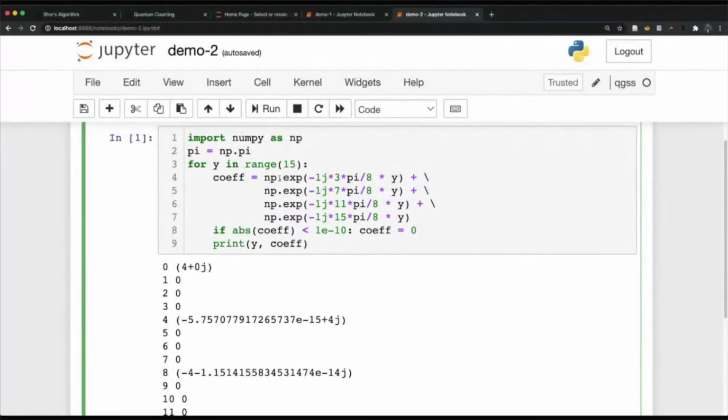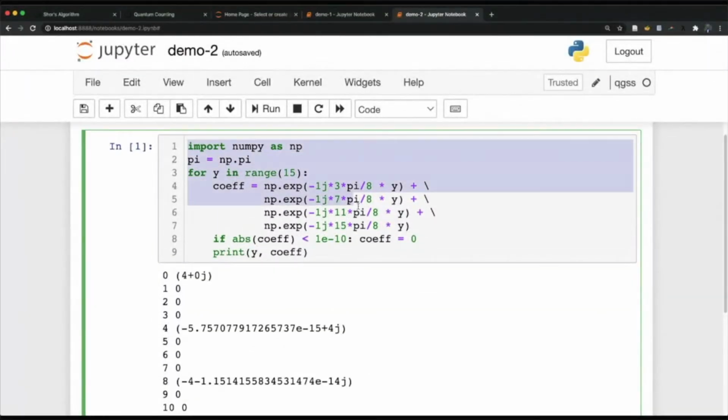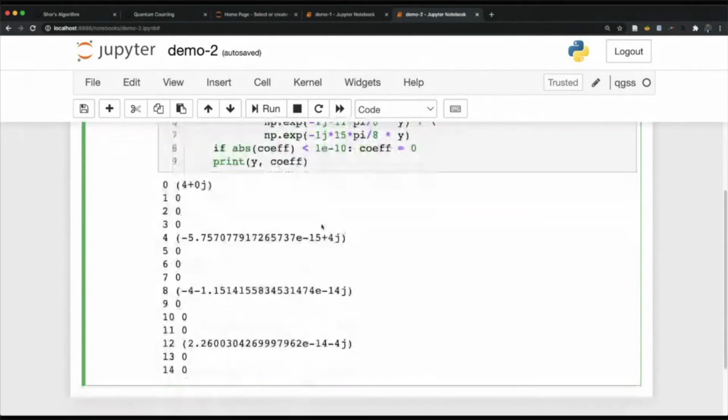I hope you can all see on the screen, I've written down a quick piece of code to compute all of these. You can also do it by hand, but what I wanted to do is show you how all of these terms, so e to the minus i 3 pi over 8 y, e to the minus i 7 pi over 8 y, 11, and 15 pi over 8, when you add all of them up, these are the numbers that you get.